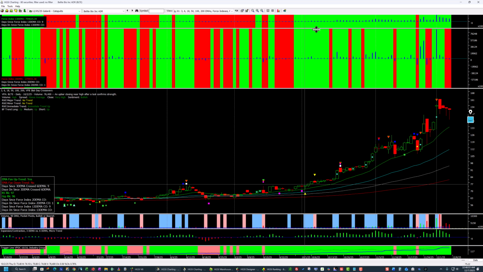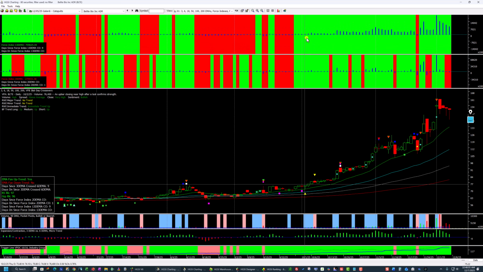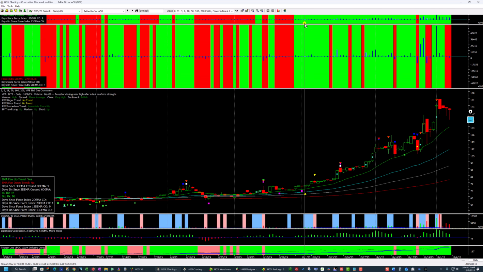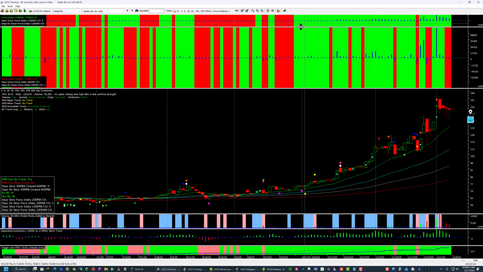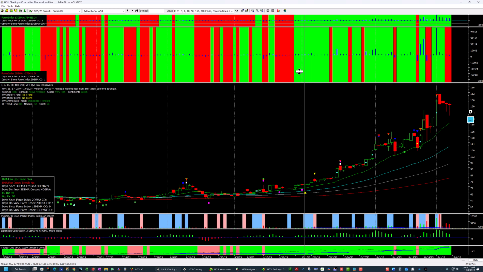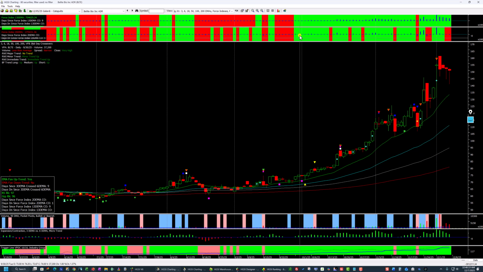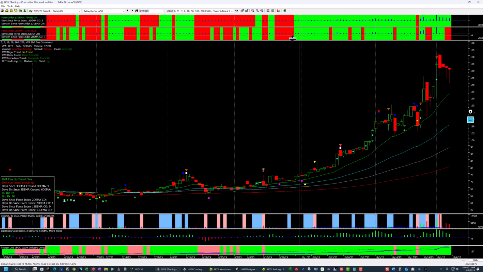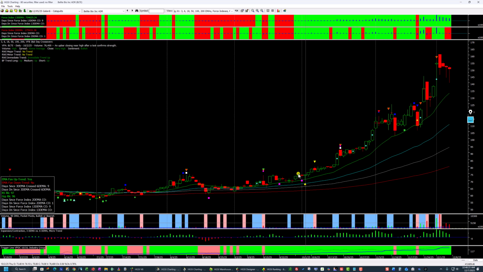No, not really, but you can see it was starting to build a little bit here on the 13-day. So you're getting multiple signals here. You're getting the histogram on the 13-day and the 2-day. And then a few days later, you're getting a confirmation here with VPA.